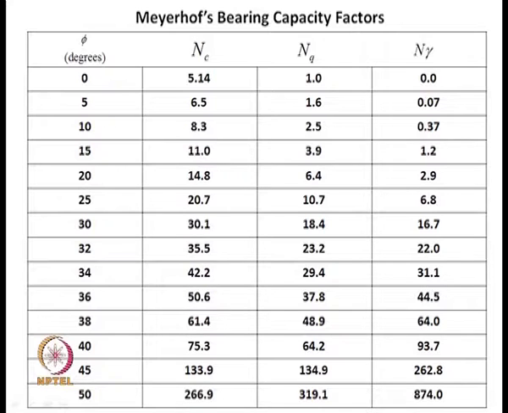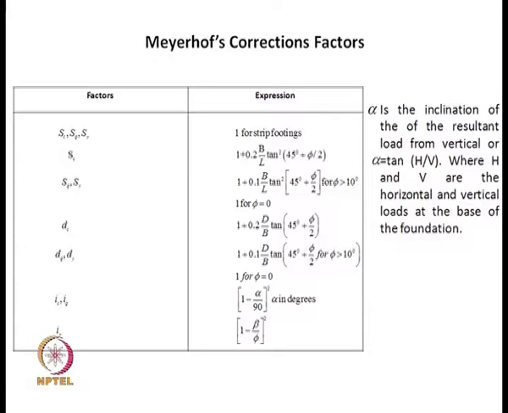We can find these bearing capacity factors for different phi values, and these are presented in this table. So, for internal friction angles from 0 to 50 degrees, we can find the Nc, Nq and N gamma values.